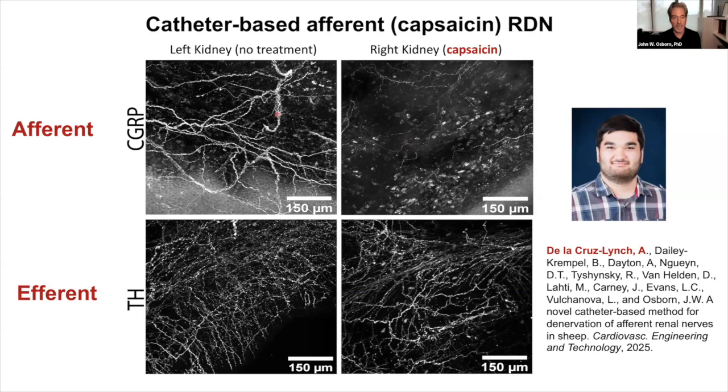But that did abolish or ablate the sensory nerves in the sheep kidney. On the bottom is the marker for sympathetic nerves, so TH. So here is the non-treated kidney, but importantly, what you see here, the kidney that was treated, the sympathetic innervation is intact. But again, the sensory innervation is gone. So we feel this technique actually works very well. It's pretty straightforward to do in terms of putting the catheter in, injecting the capsaicin.